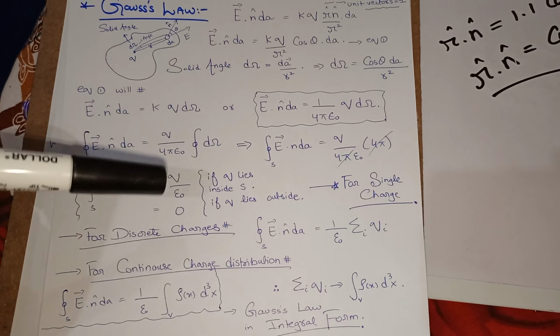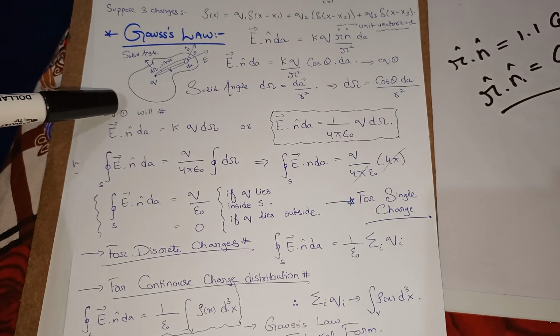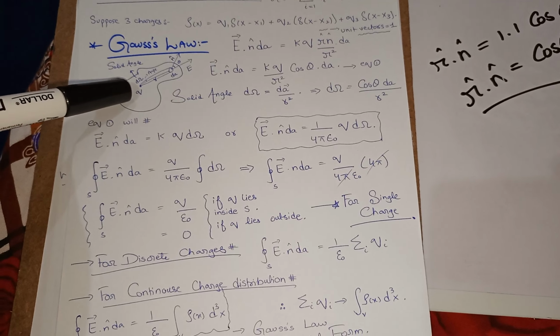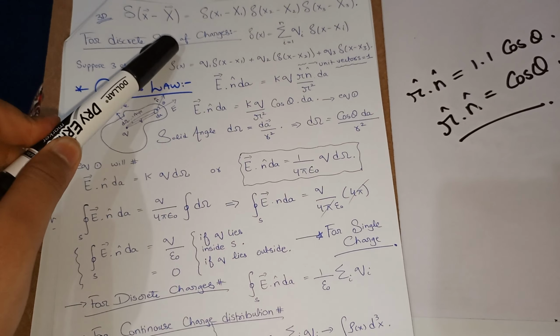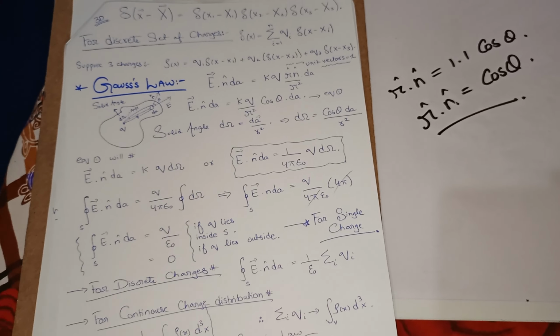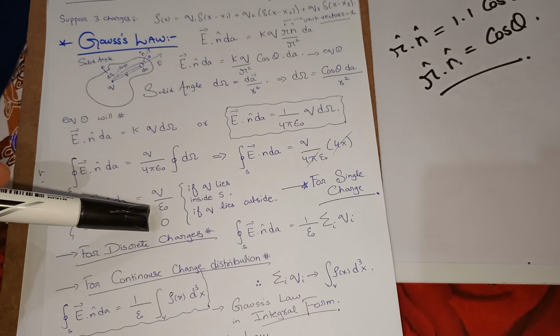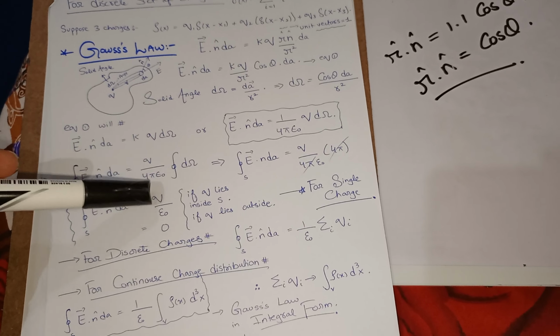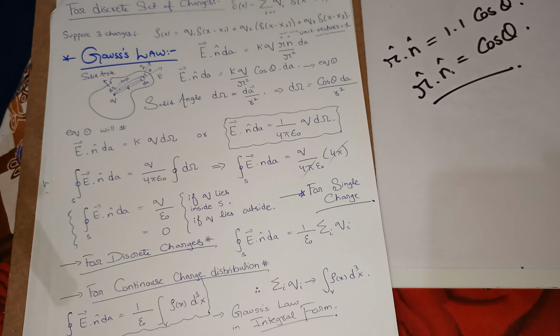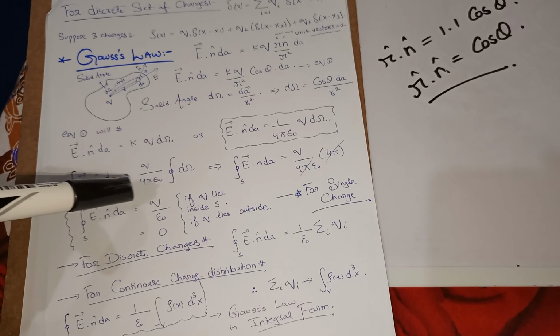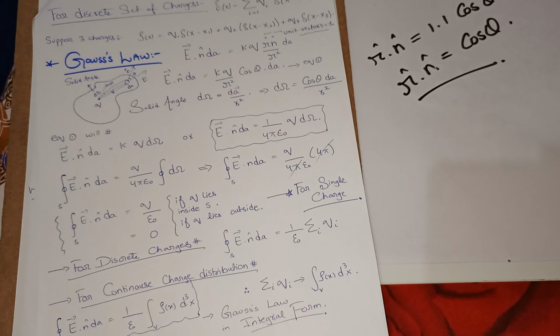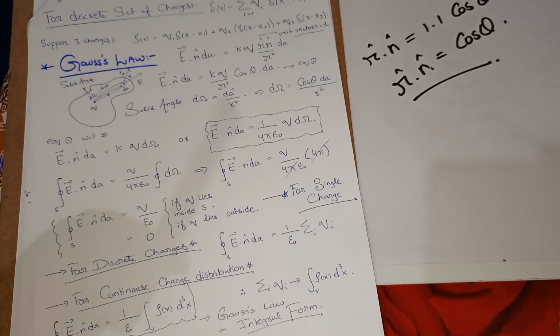Why zero? Because if the field from an outside charge goes inward through the surface and then outward through the surface, the fields cancel each other and it becomes zero. So whenever your charge is inside the sphere, Gauss's law gives the electric field distribution equal to charge per epsilon naught.